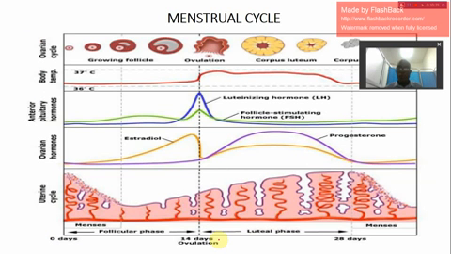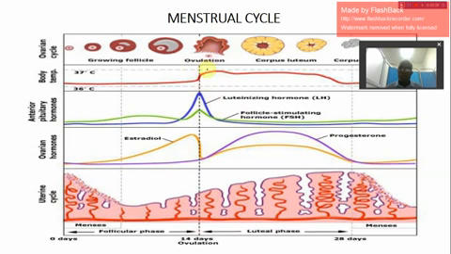So looking at the menstrual cycle, normally, as I said, this is a mature follicle. This mature follicle has to rupture. When it ruptures, it releases an egg. The egg that is released, attached to the fallopian tube at the fimbriae, goes into the ampulla, waiting for a sperm to fertilize.